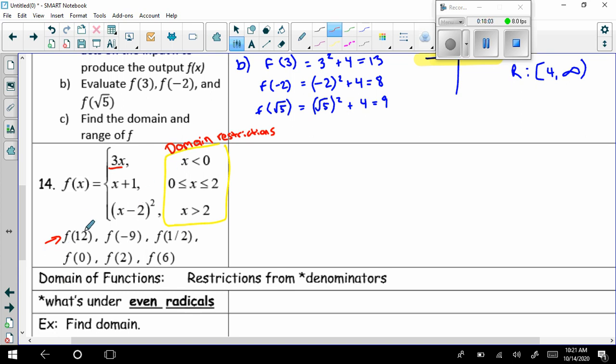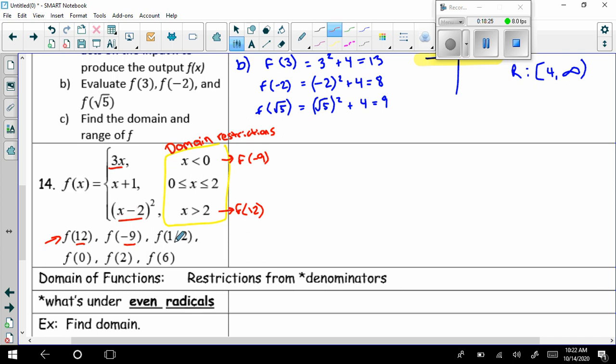And so f of 12, for example, if the x value is 12, where does that fit? Well, 12 is greater than 2. And so here we're going to plug in the f of 12 to this function here. All right. f of negative 9 fits here. So we're going to plug in the negative 9 there.